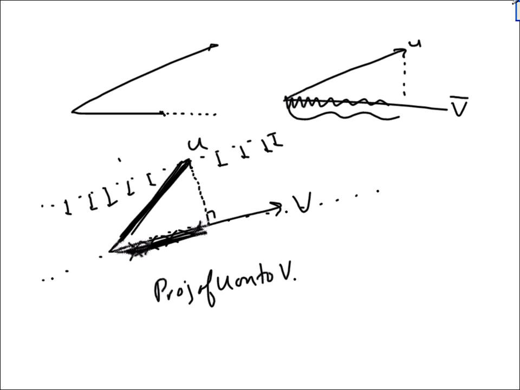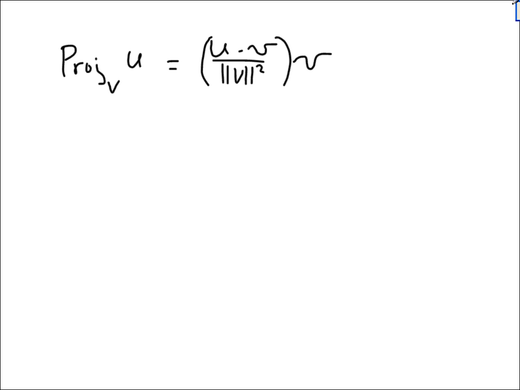Well, you extend V. This would be the projection of U onto V. It would even be longer than V. Now, the formula says the projection of U onto V is equal to U dot V divided by the length of V squared, times the vector V.